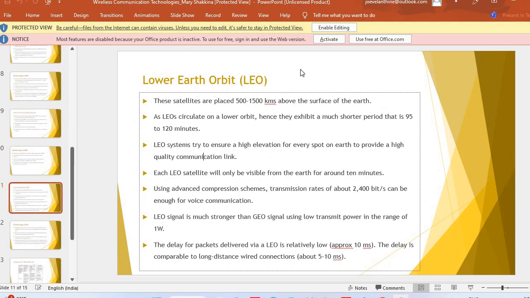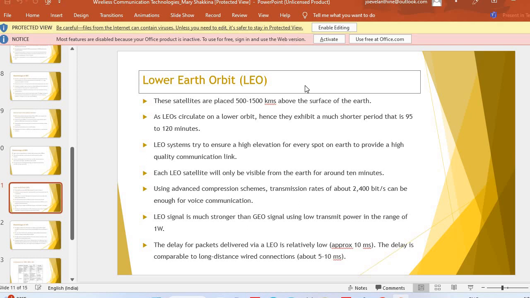Next, let's see about LEO satellites, lower Earth orbit satellites. These satellites are placed 500 to 1500 kilometers above the surface of the Earth. As LEOs circulate on the lower orbit, they exhibit a much shorter period, that is 95 to 120 minutes.